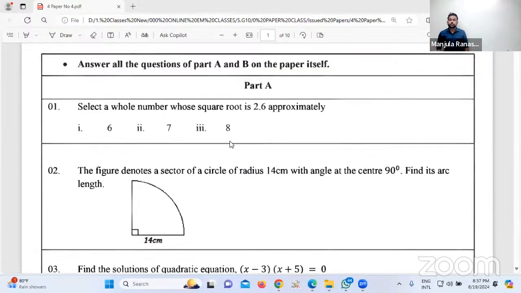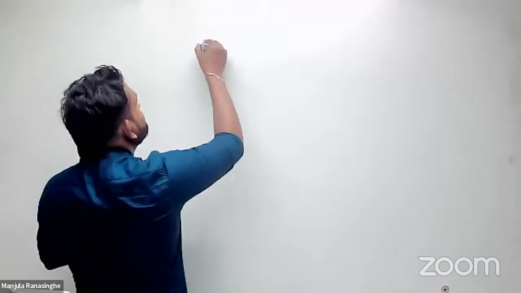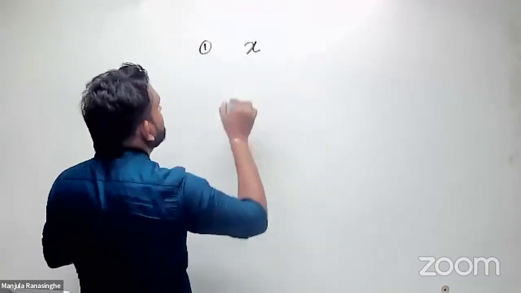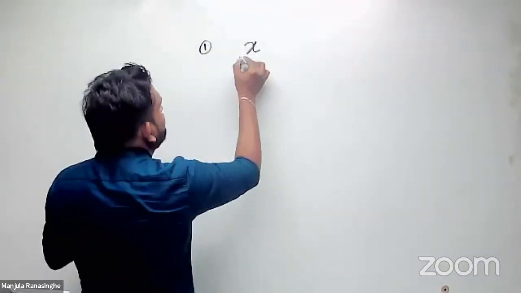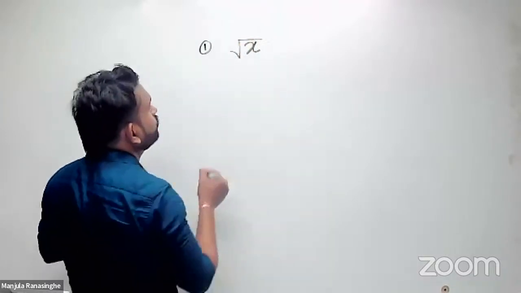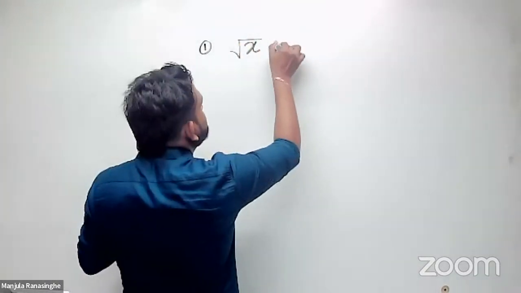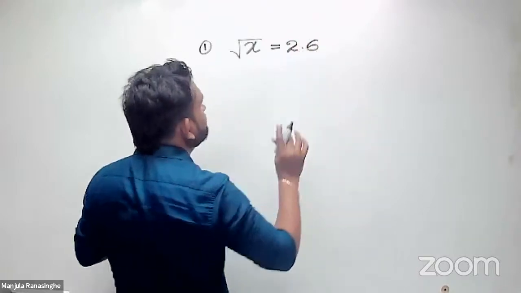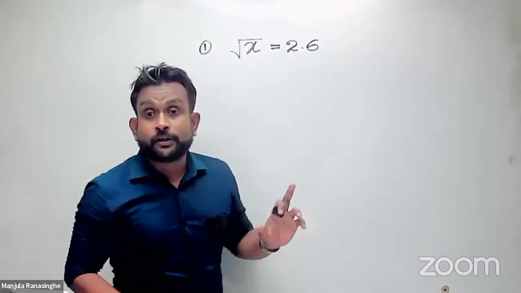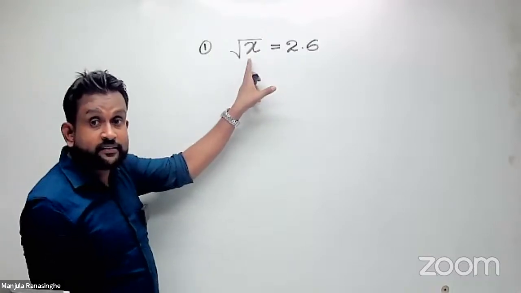First question: select a whole number whose square root is approximately 2.6. A certain number's square root is given. Imagine that number is x, so the square root of x equals 2.6. We do not know the number, so we take it as x. How do we eliminate the square root?